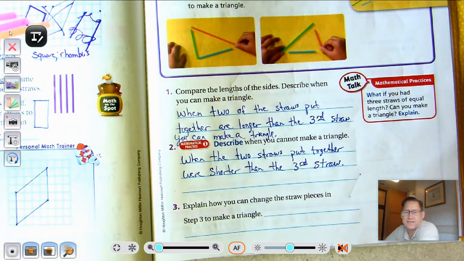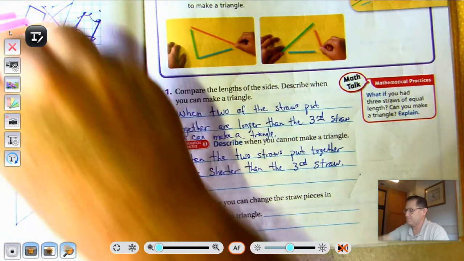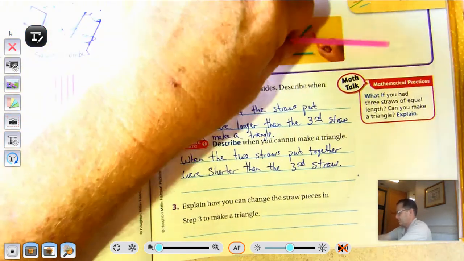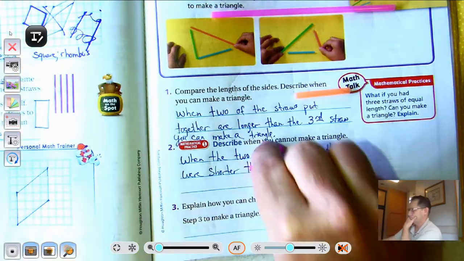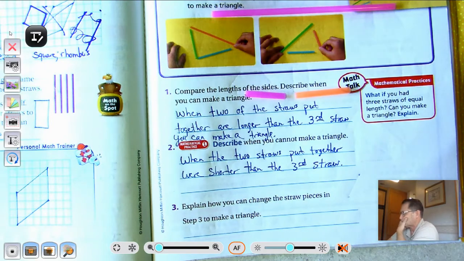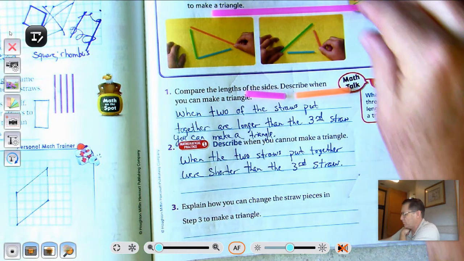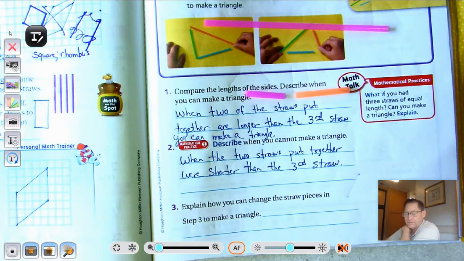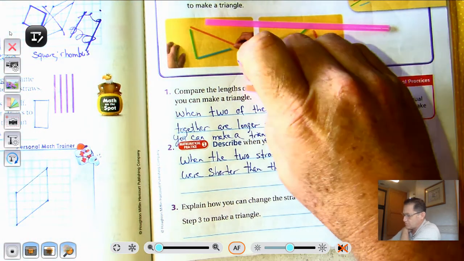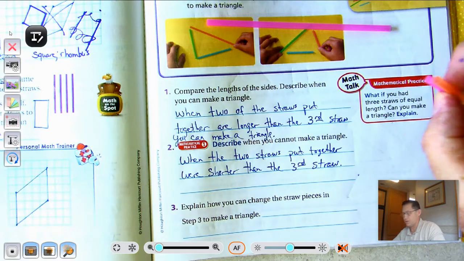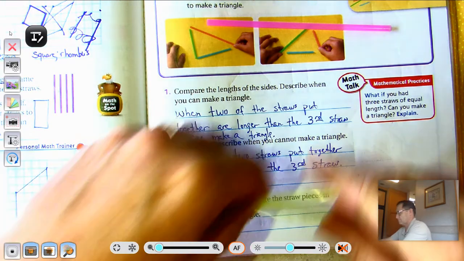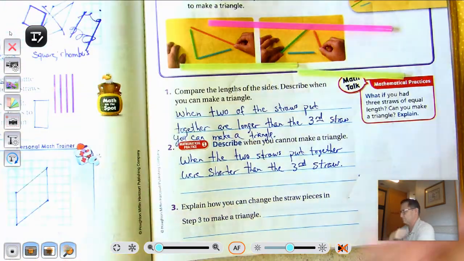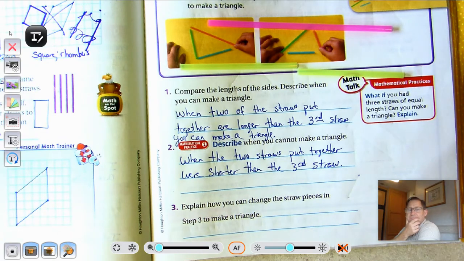So how could we have changed the straw pieces in step 3 to make a triangle? Well, we're putting these two straws together and they are not longer than the third piece. What if we traded these two smaller pieces for two pieces that were longer? Would that work? Let's see.